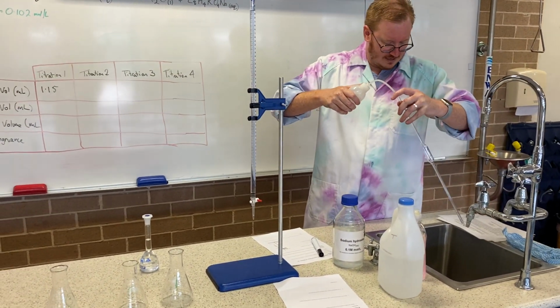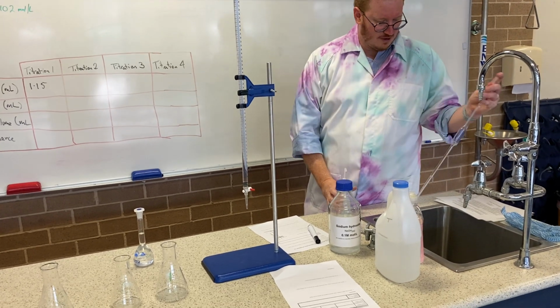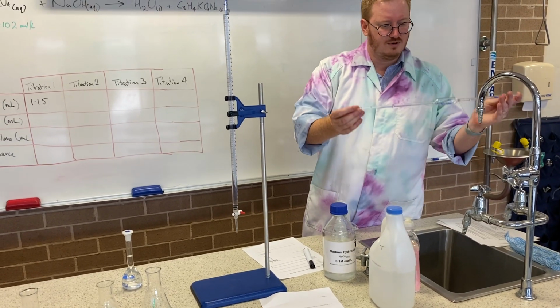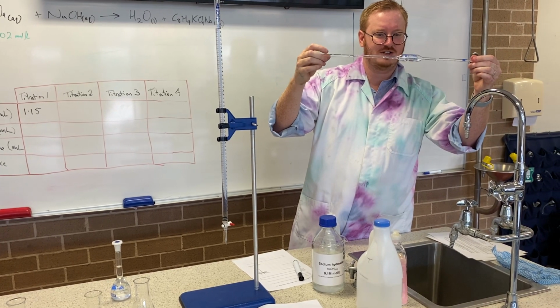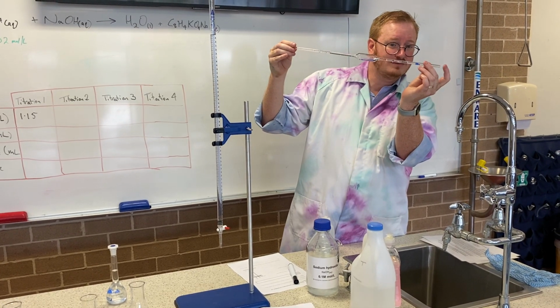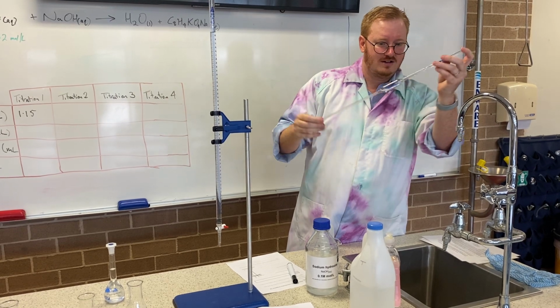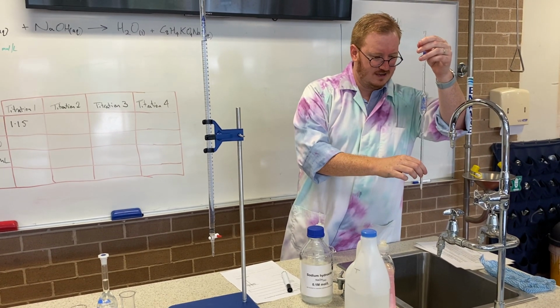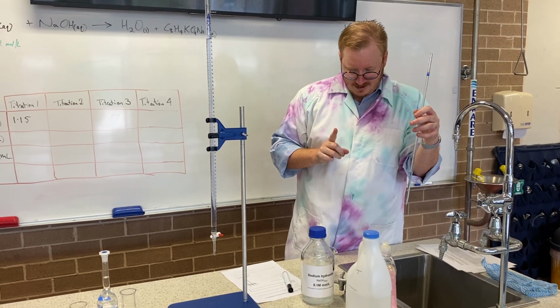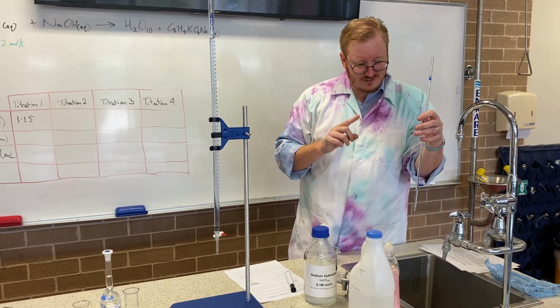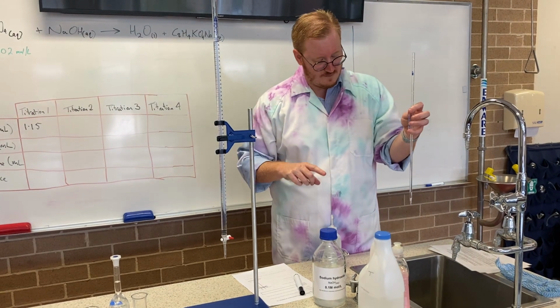With the bulb pipette, you need to put in enough volume to get some in the bowl. Put your finger on the end, get it up into the bulb, make sure it's all swirling around, get it right up to the top. Swirl it around, then let it drain through. Do that twice.